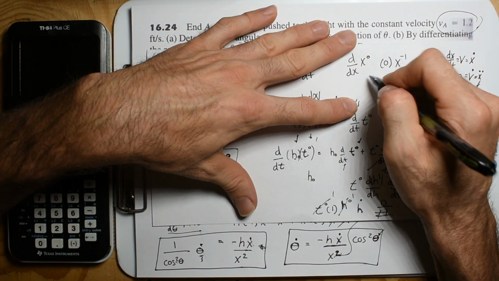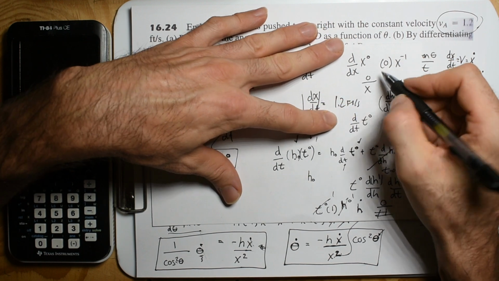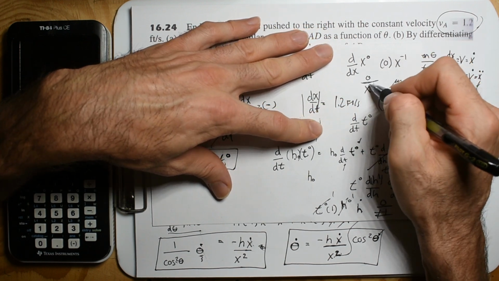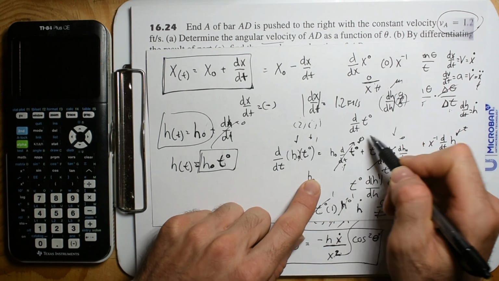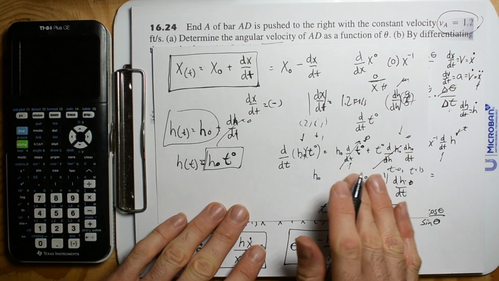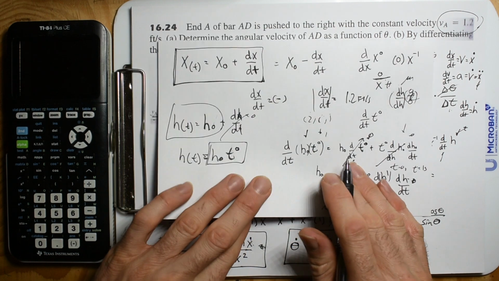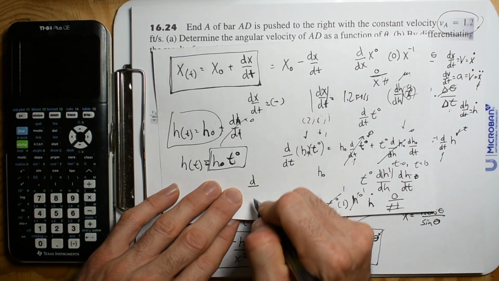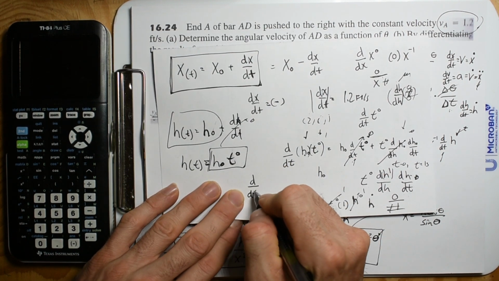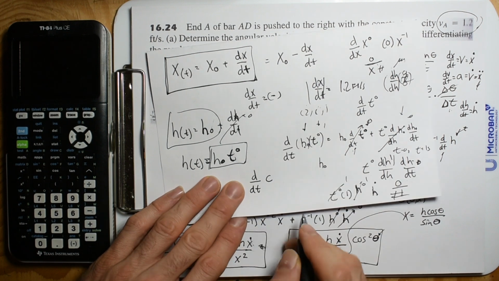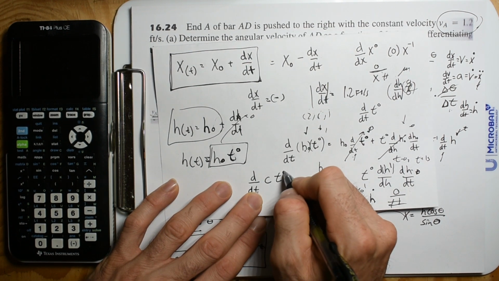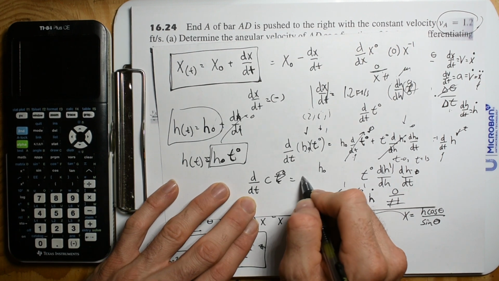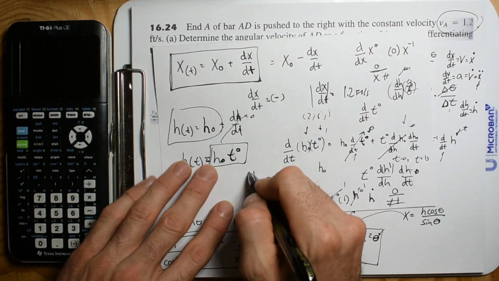So we're going to have 0 divided by x, but 0 divided by any number is 0. So this term also becomes 0. So that was just to prove that when you have the derivative with respect to time of a constant, whether you put that constant as t to the 0 or just leave it as a constant, this is going to be 0.